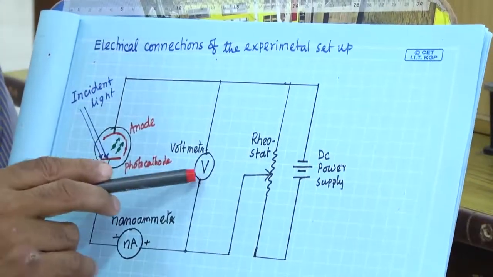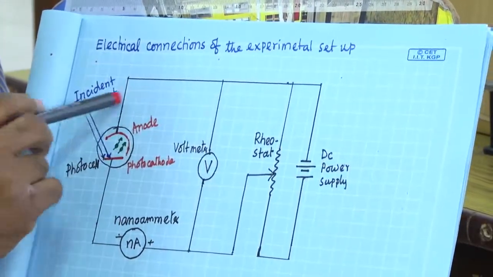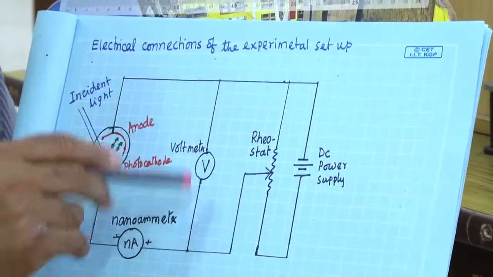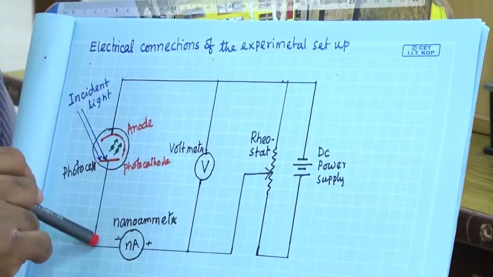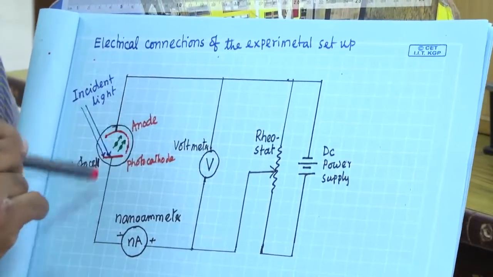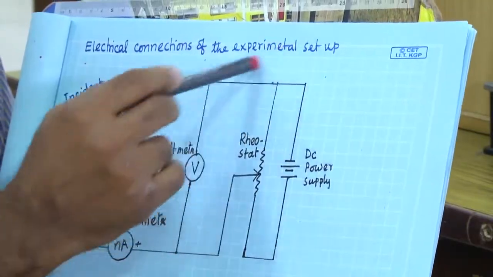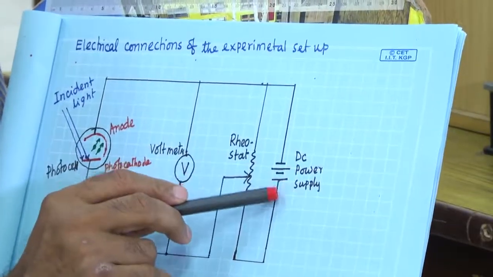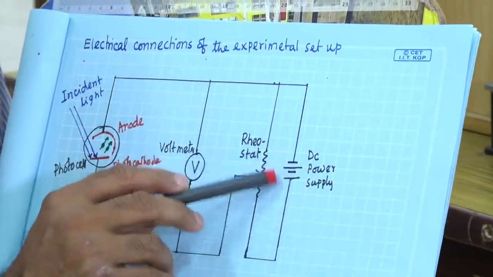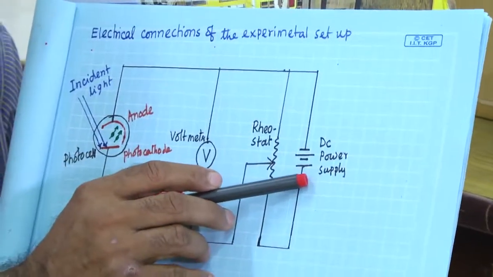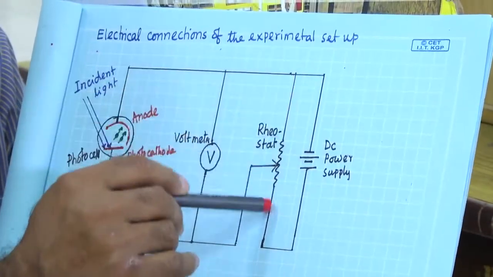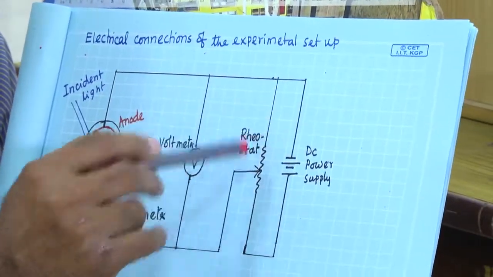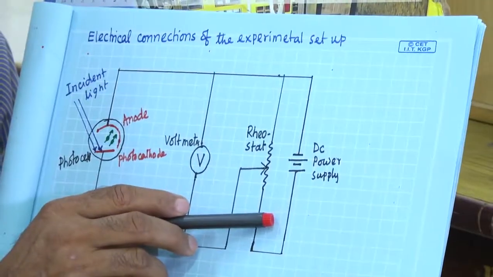How much voltage is applied we get from this voltmeter, which is connected in parallel. We are applying it from this setup. We have a DC power supply of constant voltage, say around 2 volt. This voltage will drop across this resistance, which is basically a rheostat.